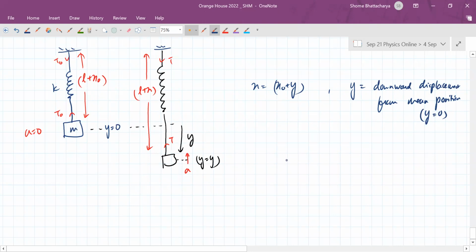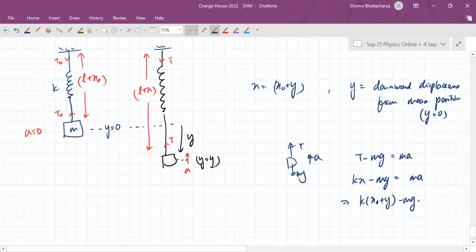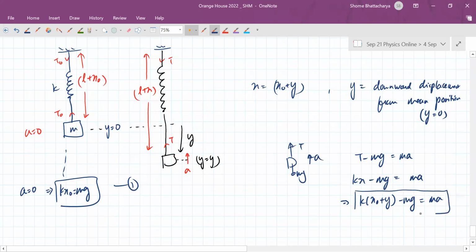So at this position, we can see that we got the free body diagram. Okay. Whereas the equilibrium state was that, when we compare these two equations, we will get the equation of SHM.